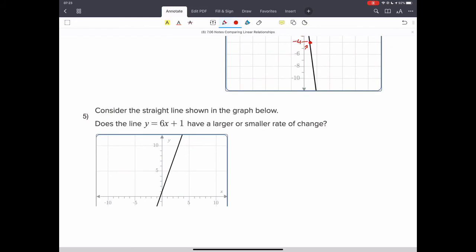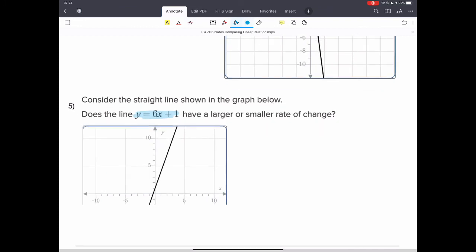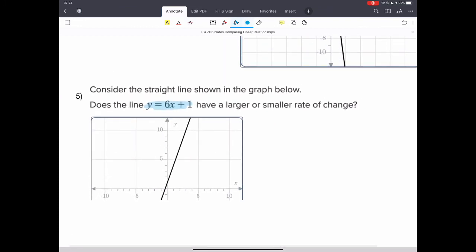In our final example, we're asked to consider the equation of y equals 6x plus 1 to the line on the graph. So which one does the line y equals 6x plus 1 have a larger or smaller rate of change? Well, we know from the equation that the 6 is our rate of change.